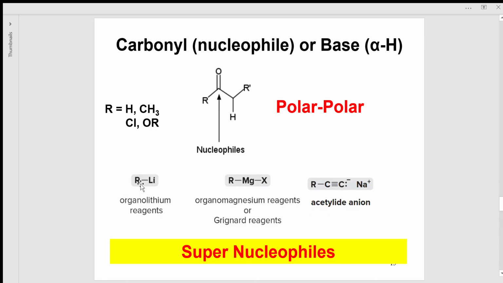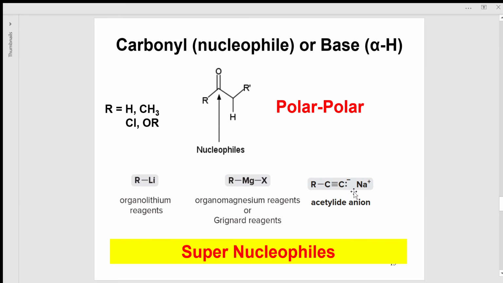Well, the first group of reagents is the organometallic reagents. We learned the lithium reagent, magnesium reagent, and acetylide reagent. These are all supernucleophiles. In this case, they are also strong bases, but whenever we see strong organometallics, basically these three, for this moment you only need to know these three.